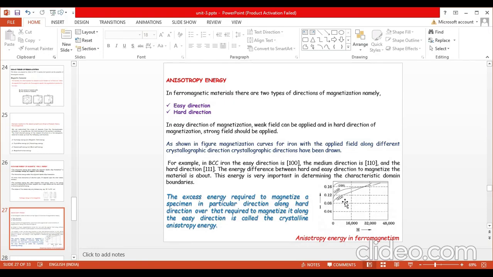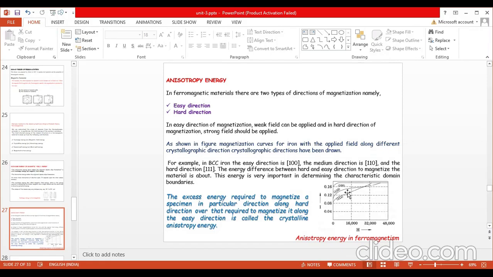For 111 and 110, to obtain the same value which was obtained by the 100 plane, we have to apply 32,000 Tesla. Only by applying 32,000 Tesla would we reach the same value as we achieved for the direction of 100 at the lower magnetic field.